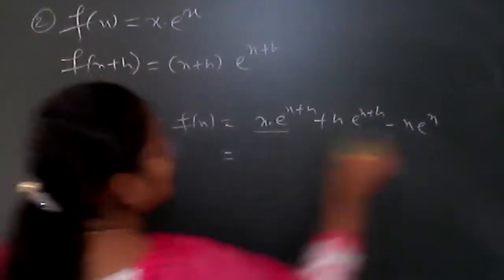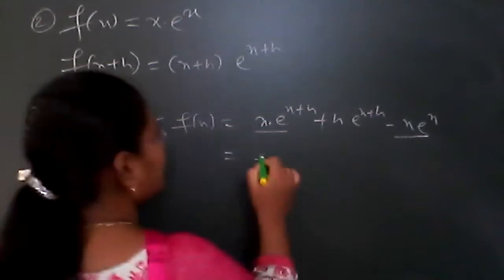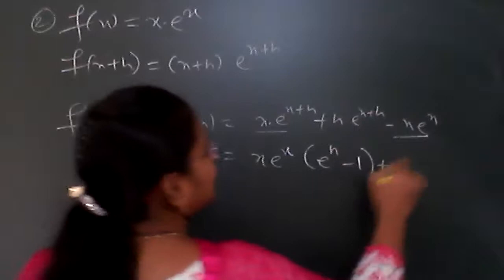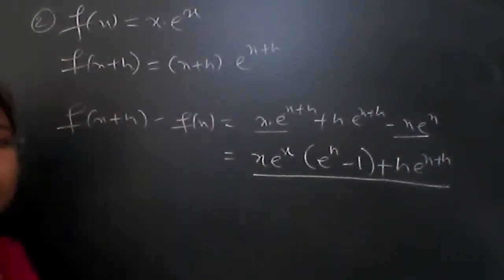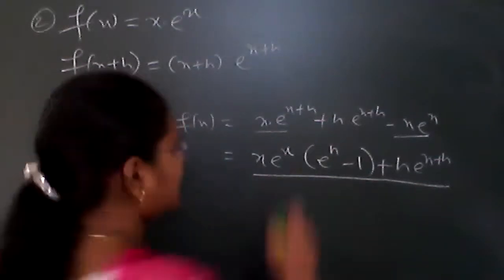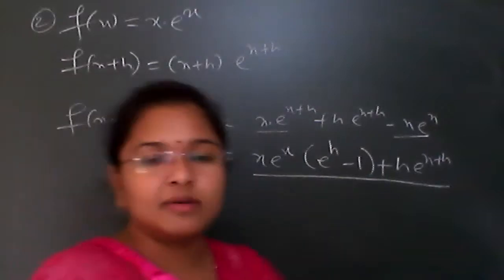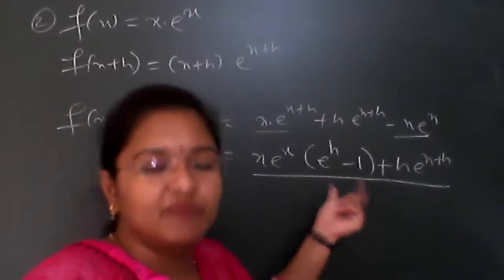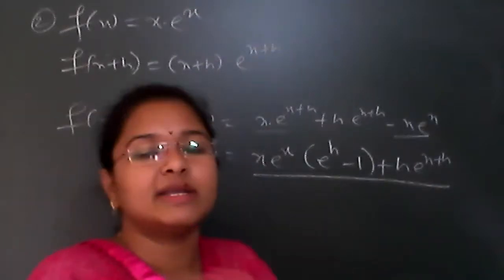So from this we take x e raised to x common, so it will be x e raised to x into (e raised to h minus 1), and in the denominator we need h, since in the first principle the denominator is h. Okay, so now we'll write the derivative of x into e raised to x.